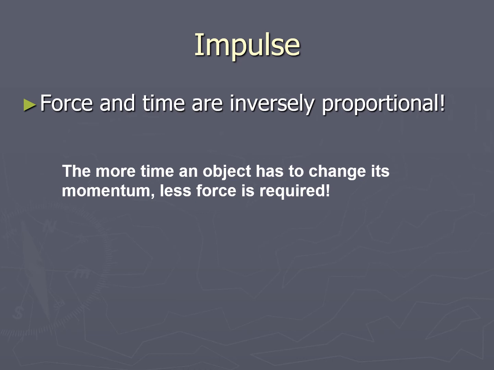Let's just say you drop a pen into a pillow. Well, does the pen stop moving as soon as it hits the pillow? Maybe, but maybe it takes some time to press the pillow down a little bit. Maybe you can see this more if you get a heavier object, like a book. And the process of pressing it down means that you're adding more time to which the force is being applied.